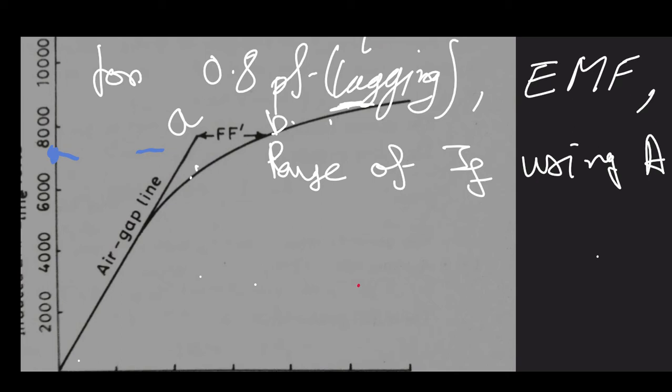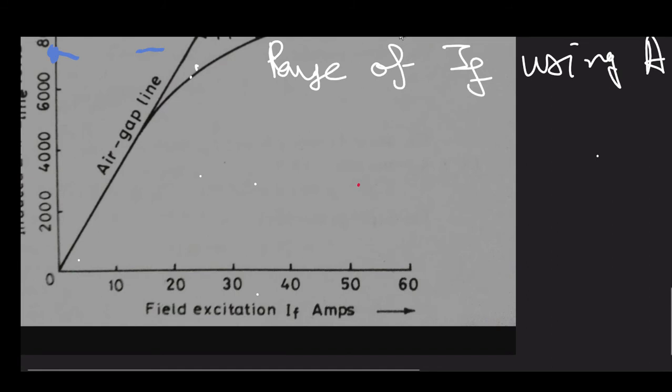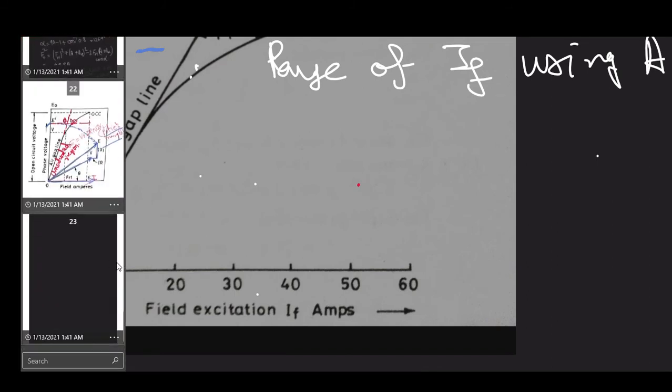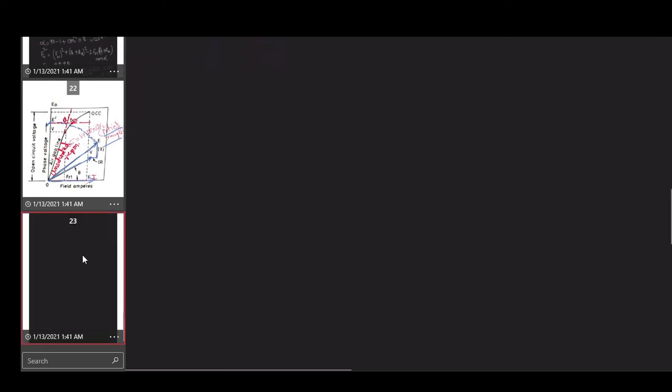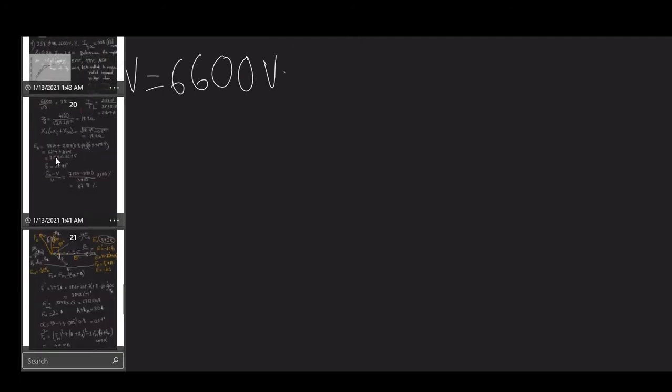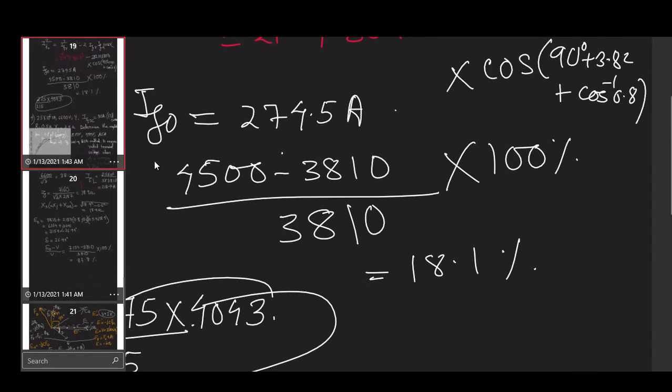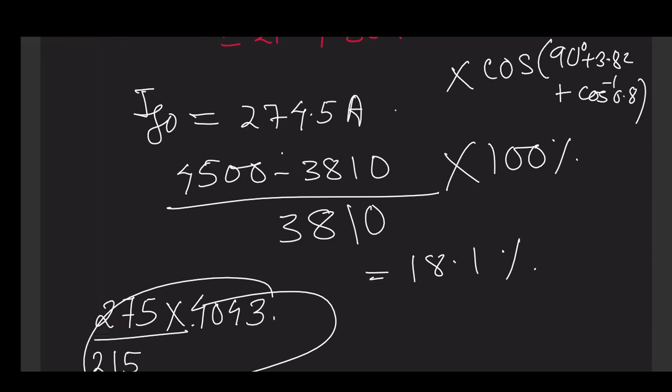So we have to figure out the amount of regulation. Now go back to our original page where we need to do it. So what is V equal to? We know it is the line to line voltage, 6600 volt. Once again, let us see it.